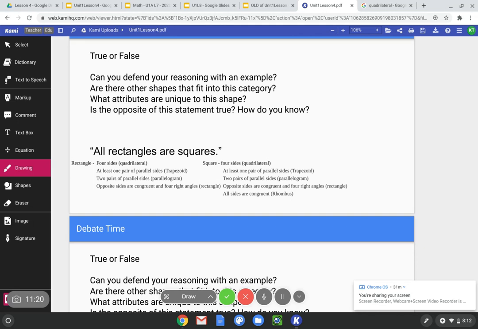They both have 2 pairs of parallel sides. And they both have opposite sides congruent and 4 right angles, which makes them both rectangles. They both meet the qualifications for a rectangle. But only the square has all sides congruent. Only the square has that.